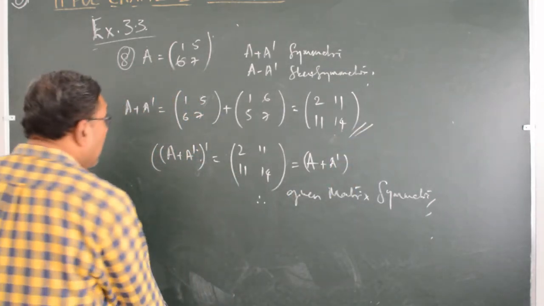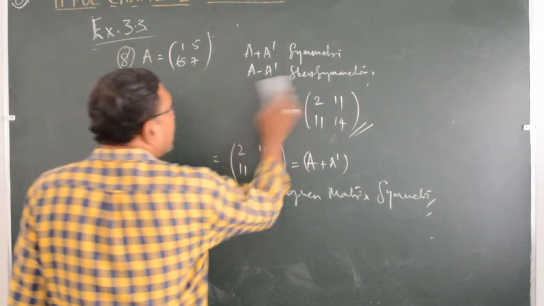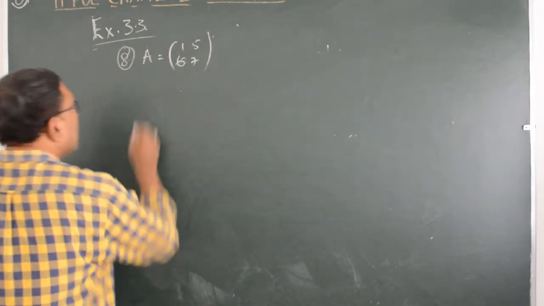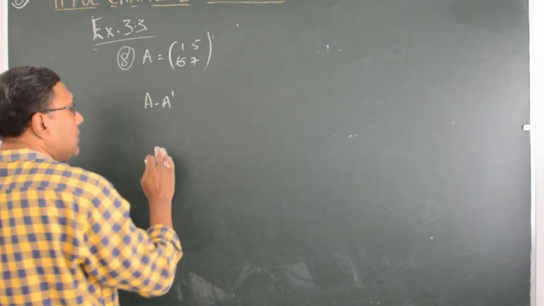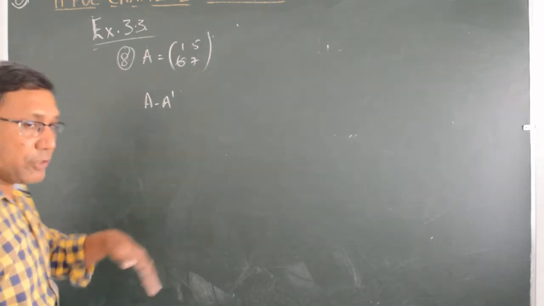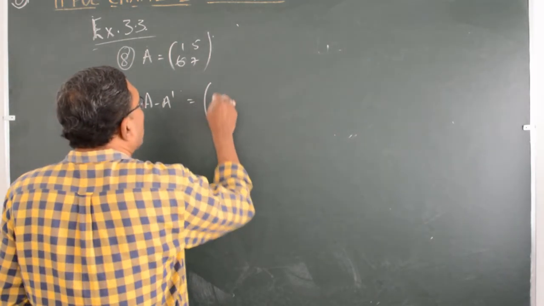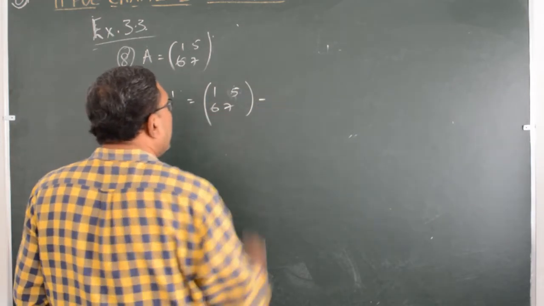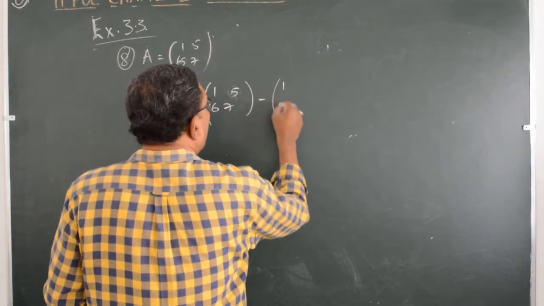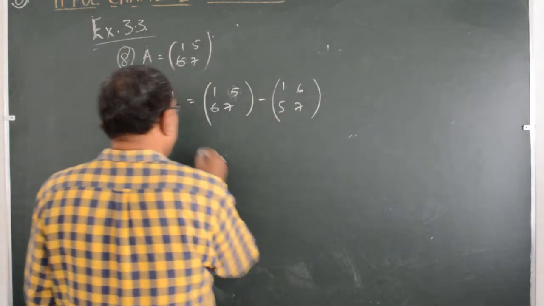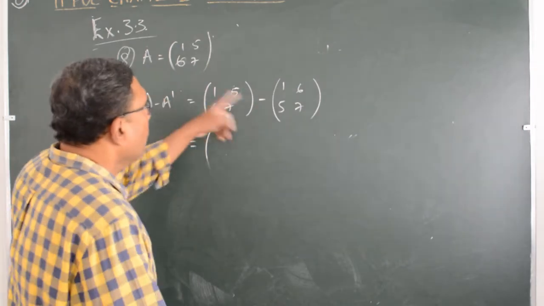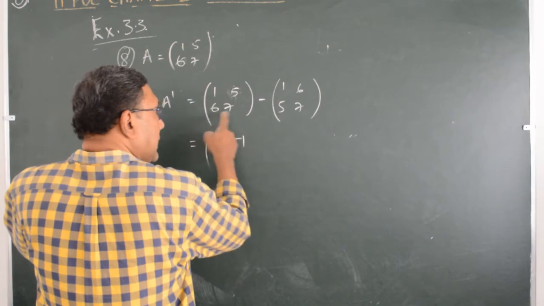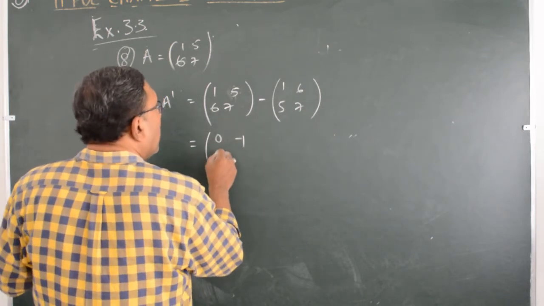Okay. Let us find out whether it is also skew symmetric. Let us take A minus A transpose. When we do a transpose of this, we should get a negative sign. Let us find 1, 5; 6, 7 minus its transpose 1, 6; 5, 7. Find out what the answer is. 1 minus 1 is 0. 5 minus 6 is minus 1. 6 minus 5 is 1.